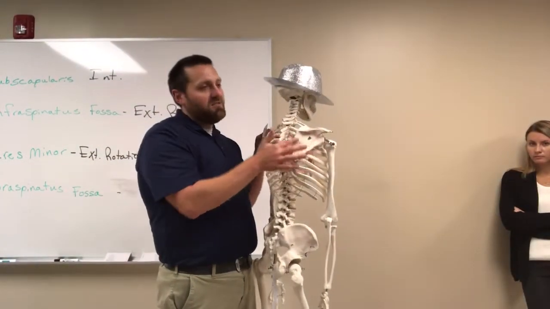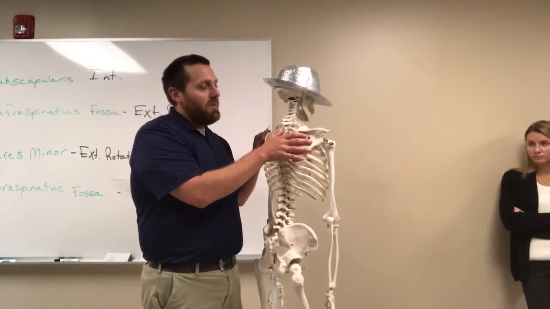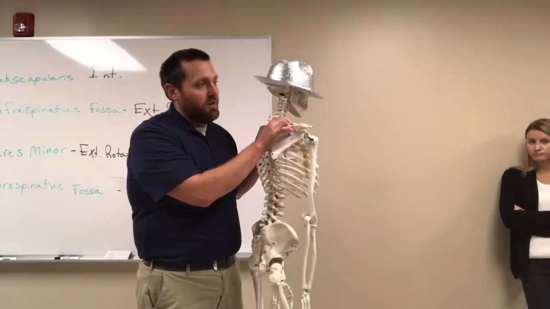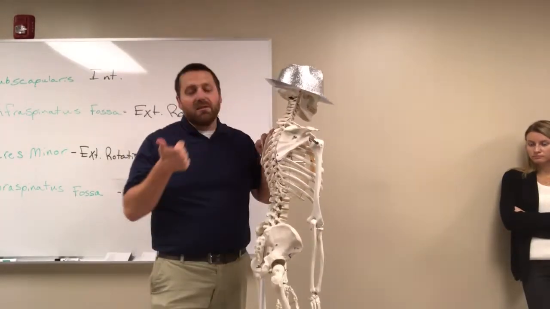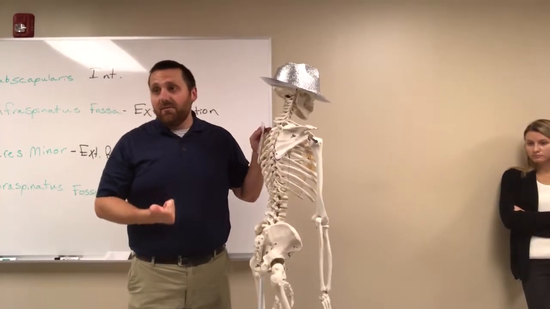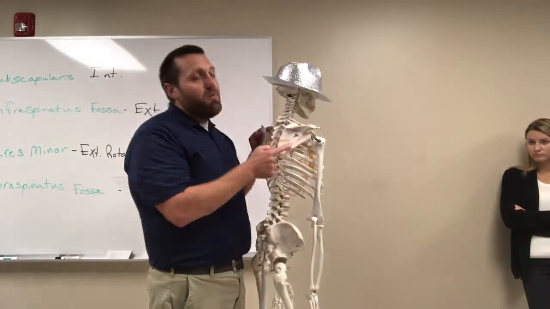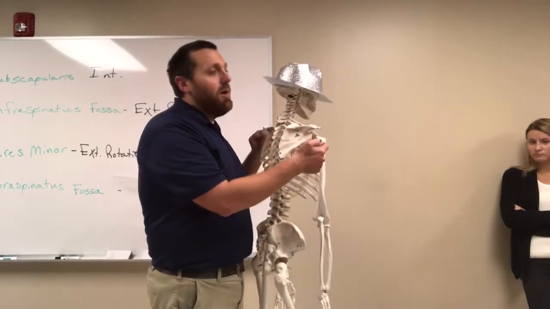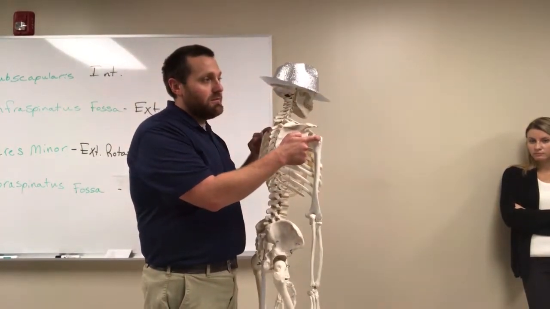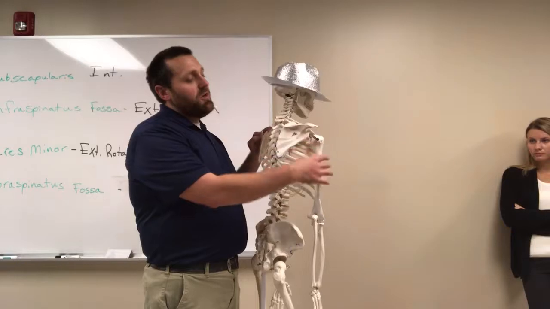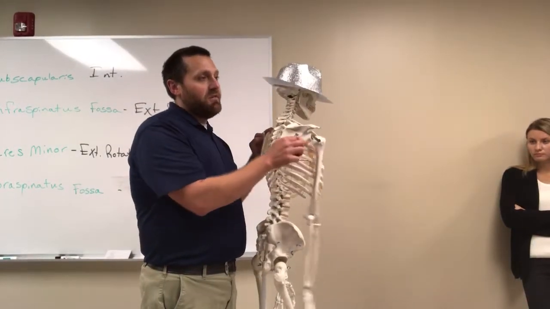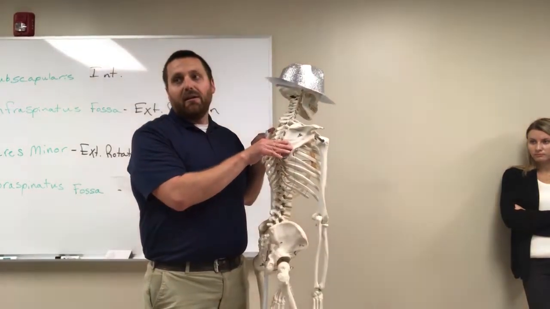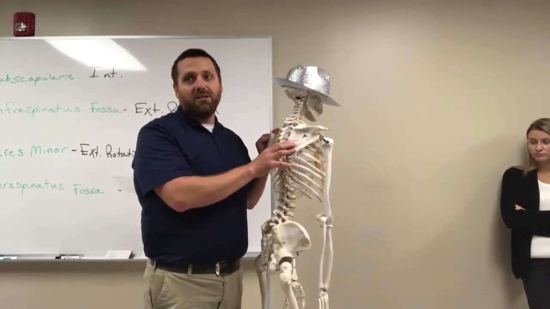And it's also going to the greater tubercle of the humerus. So we have two muscles that are originating in very similar spots. One's just going to be on the axillary border. The other is going to be in the infraspinous fossa, but they're both going to the greater tubercle of the humerus. So it's also going to do that lateral rotation. Very similar, both on the back side of the scapula. They're both controlling lateral rotation.